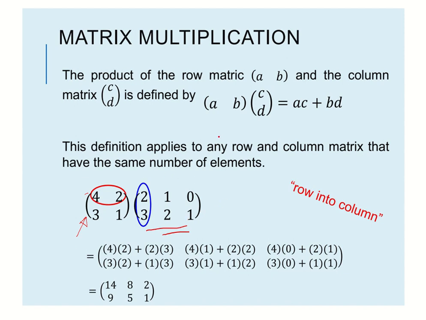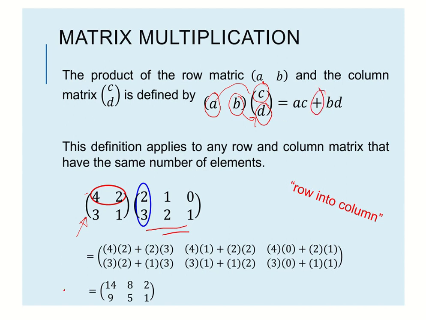So it will be row multiplied by column. This is what we do: we take the first entry of the row and multiply it with the first entry of the column, then take the second entry of the row and multiply it with the second entry of the column. After that, we sum the products.